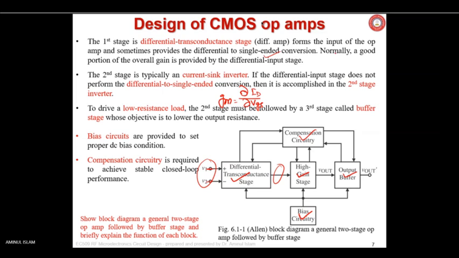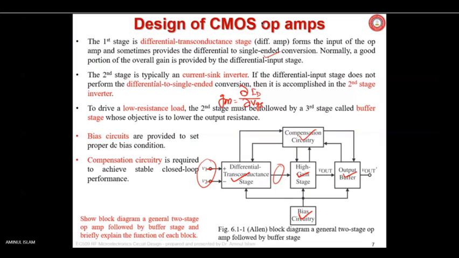We'll see that in the diagram. Normally, a good portion of the overall gain is provided by this stage. It is not only converting from voltage to current and from differential input to single-ended output, but it also provides a lot of gain.